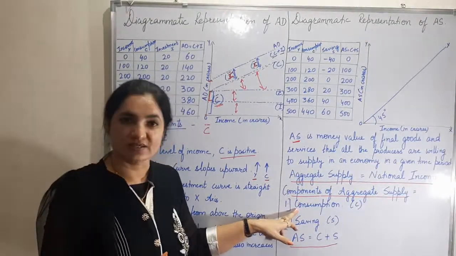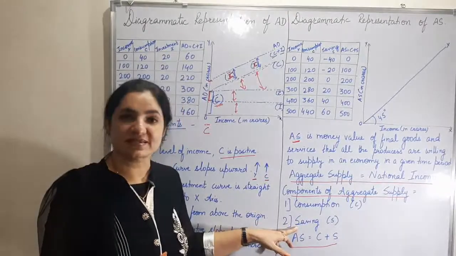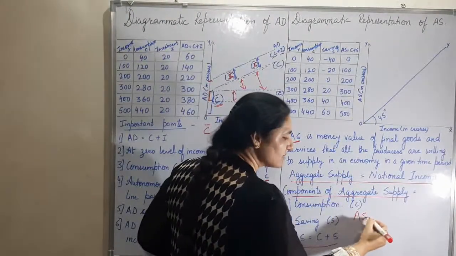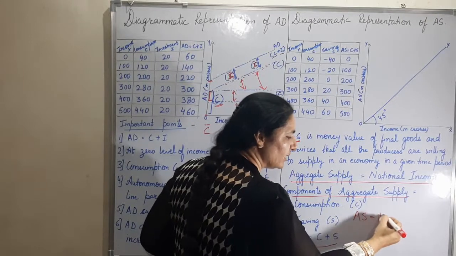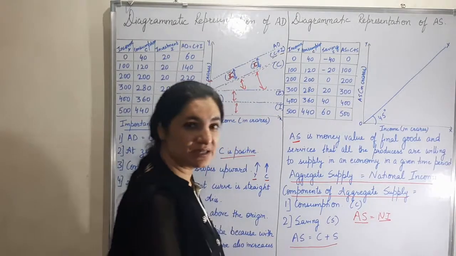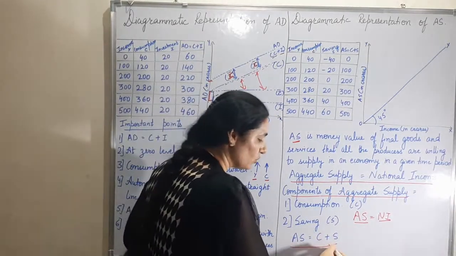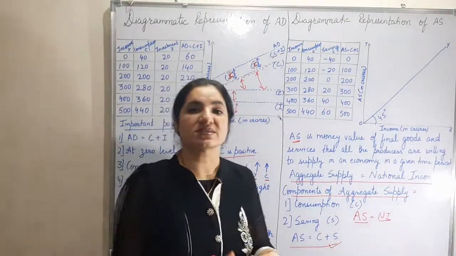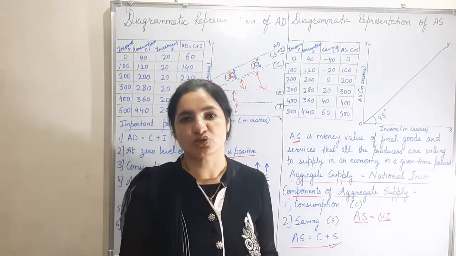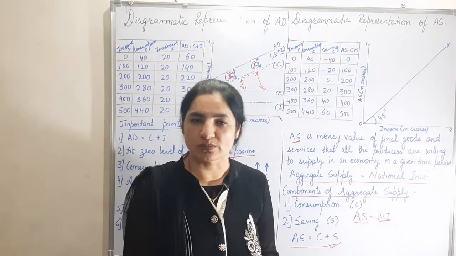First is consumption and second is saving, because we are considering here AS is equal to national income, and AS is further equal to C plus S, because there is no other third component. A person can either consume or whatever he has not consumed, he will save.